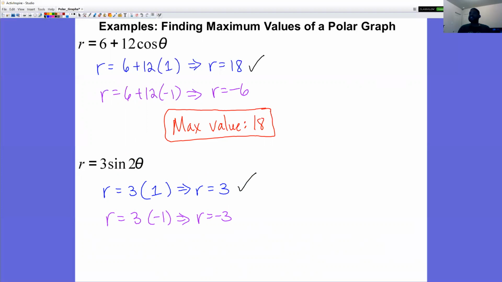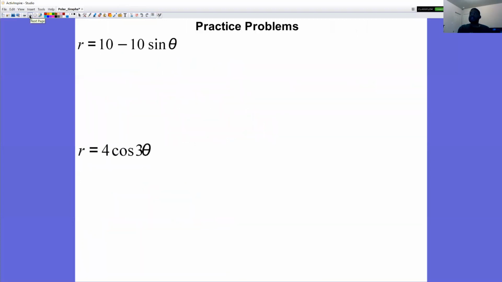So therefore, our maximum value is 3. The reason why we're checking both values is it does depend on what's in the equation. Sometimes you can have a negative sign in here, and that could affect what the maximum value is. So if you understand those 2 examples, you should be able to do this one as well. These 2, the same way.